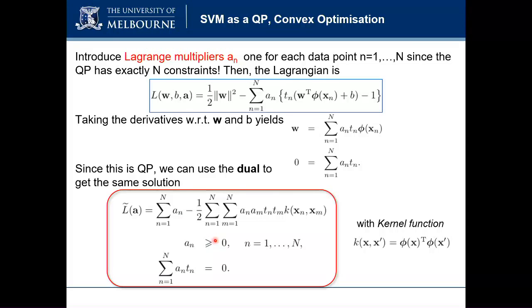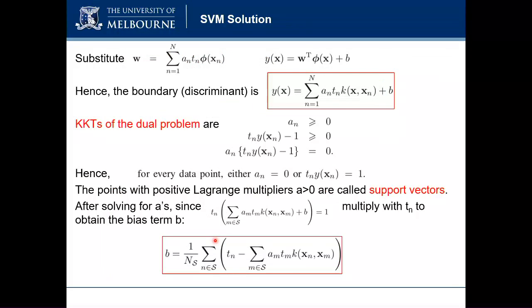So when we write the y, it is written in terms of the alpha n's, and this sum is over all the points, but a lot of points hopefully zero out. Actually, it's ideal if I can define the boundary discriminant with the fewest number of data points; that's more desirable than many data points playing a role in drawing this.